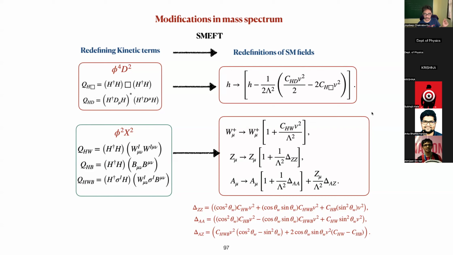Now you have an additional contribution, so the A mu, Z mu matrix also has off-diagonal entries. You have to rotate them and go to A mu prime, Z mu prime. That's why, as I'll discuss in tomorrow's lecture, the Weinberg angle you calculated initially with the renormalizable Lagrangian is modified. With the old Weinberg angle, you cannot diagonalize the neutral gauge boson mass matrix. You have to use the new Weinberg angle.